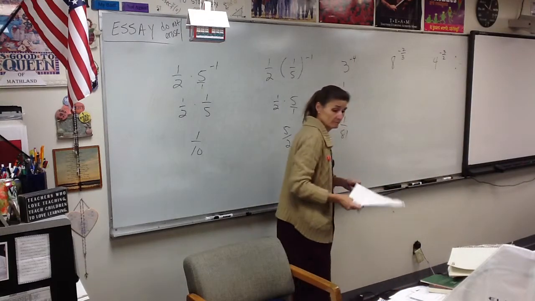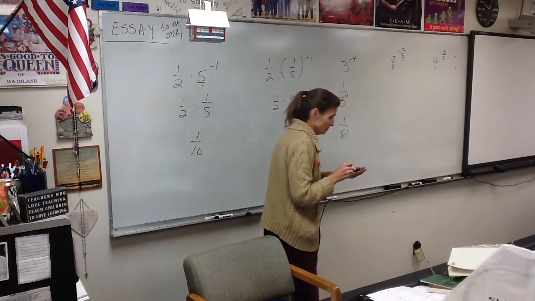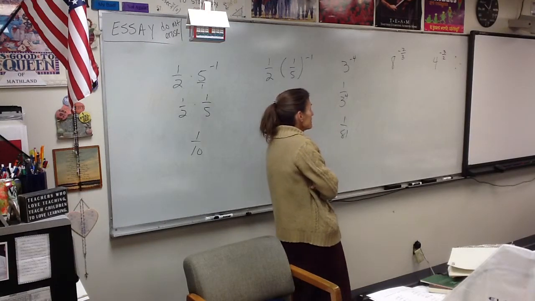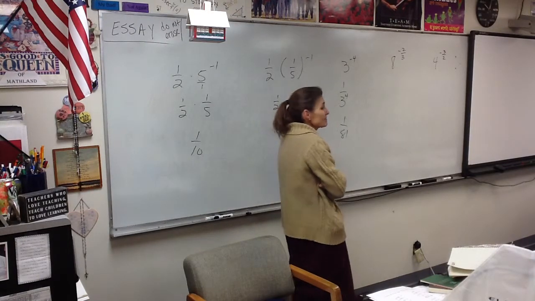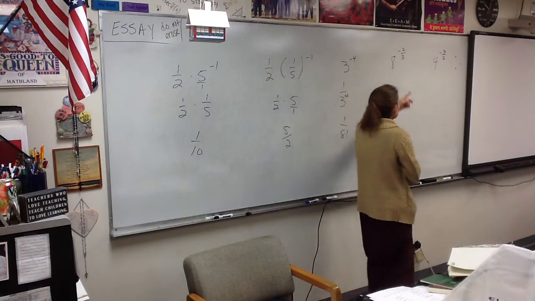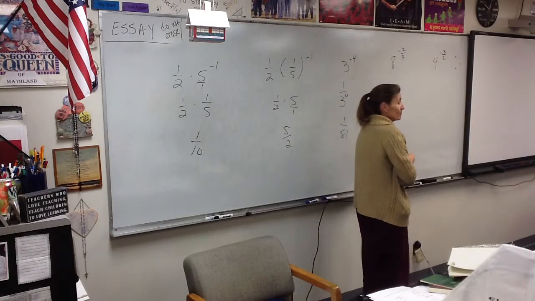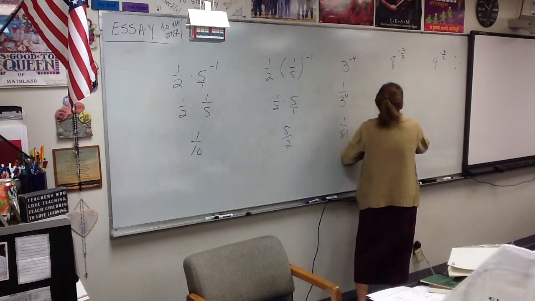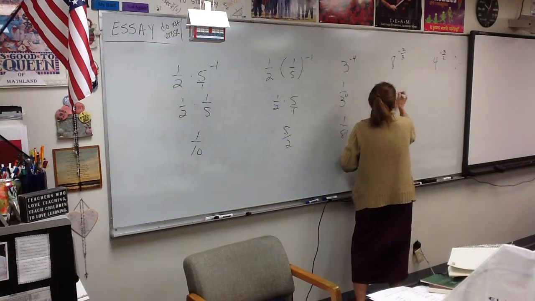Oh, bless you. Okay, peeps. Now we have negatives and fractions. So we start by taking care of the negative exponent. So this is not going to be an 8th. This is going to get flipped, so it's going to become a 1/8.